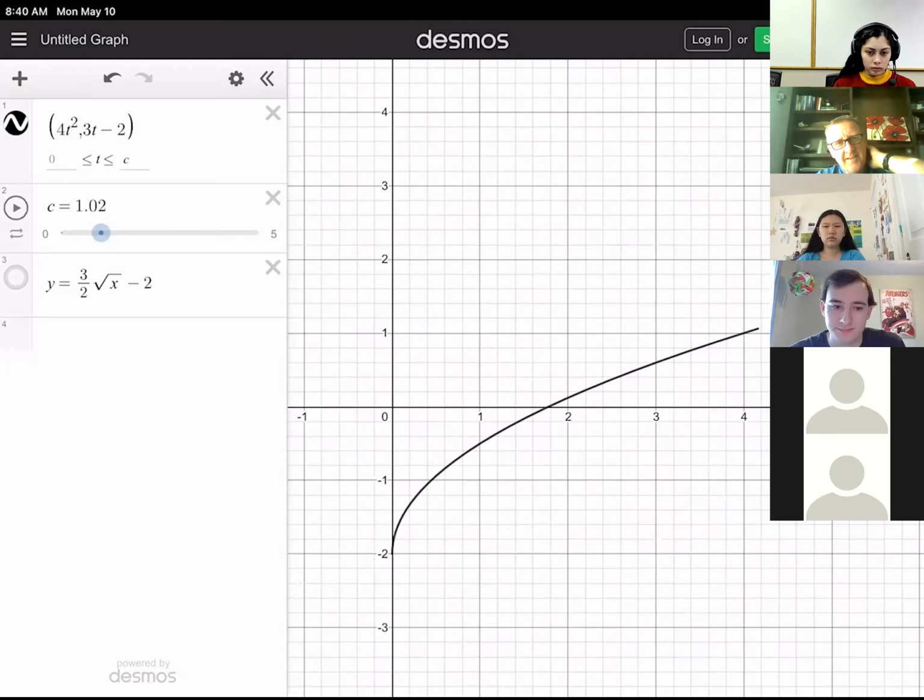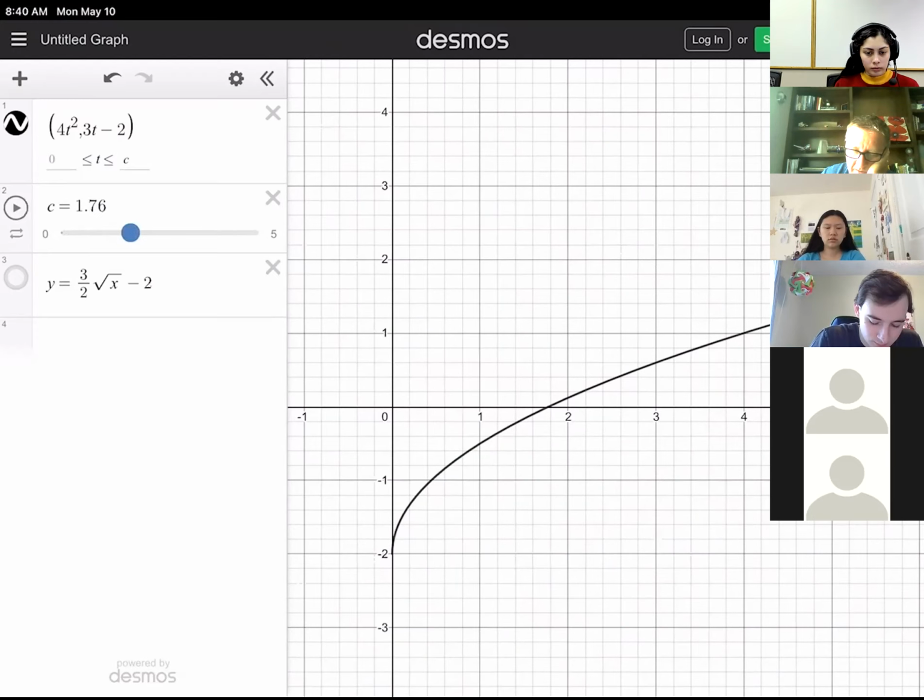And so leaving t in it, leaving that parameter of time in it, is a really powerful concept because it has directionality. So this graph before didn't have any direction to it, but does it make sense? This actually has arrows on it. It's got a direction. It started at 0, -2, and it's flying, if you will, along the curve in that direction. And so I can choose how long I want the time to go.